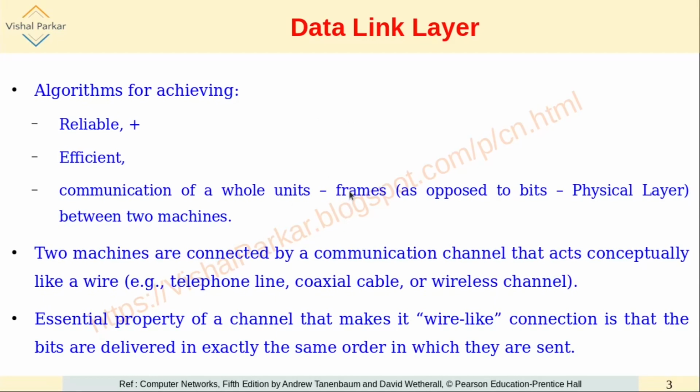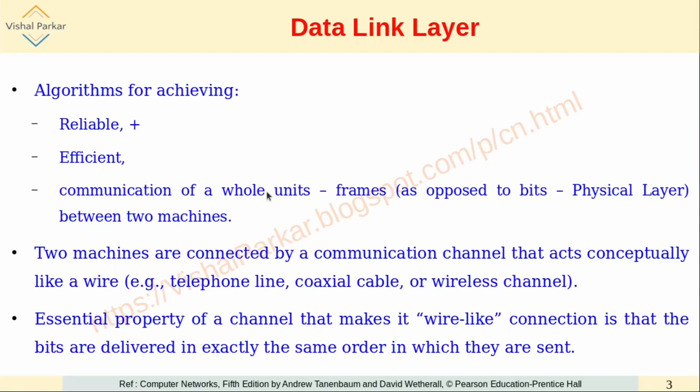We'll see in detail afterwards. So the communication will be in terms of frames, not individual bits. And there are algorithms for achieving each of this reliability and efficiency of the data communication. So there are framing techniques as well. We'll see in detail.